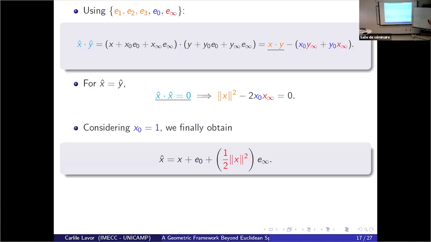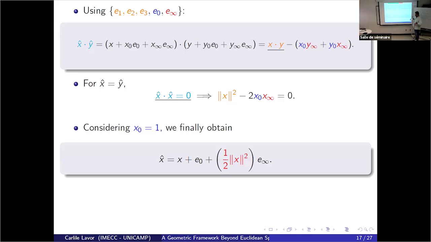So now, using just basic ideas of linear algebra, we deduce the value of the fifth coordinate of a point in the 3D space, avoiding the complications of the Clifford algebra. If you had done the opposite, if x infinity was equal to 1, this would implicate something different. Yes, but you can do this.